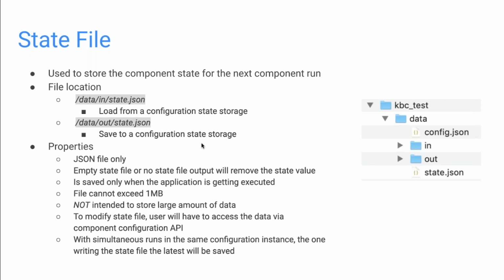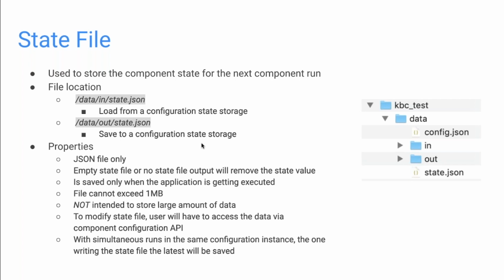The state file is a JSON file only. Okay. Any empty state file or no state file output will remove the state value. It is saved only when the application is getting executed. The file cannot exceed 1 megabyte. The state file is not intended to store large amounts of data.